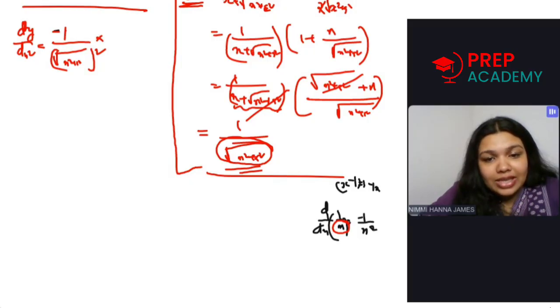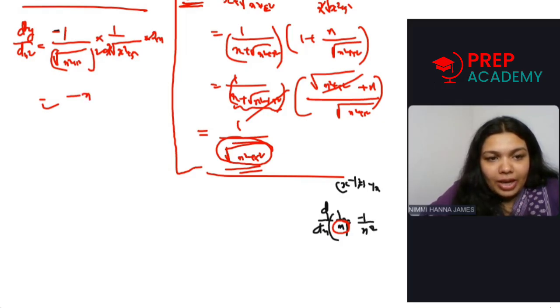Now we have something inside that, instead of x it was the root. So what is the differential of root? It is 1 by 2 root of x square plus a square into, now inside the root, it is 2x. This 2 and 2 will get cancelled. Now what is remaining? Minus 1 into 1 into x, that is minus x, by, in the denominator, this term will get squared.